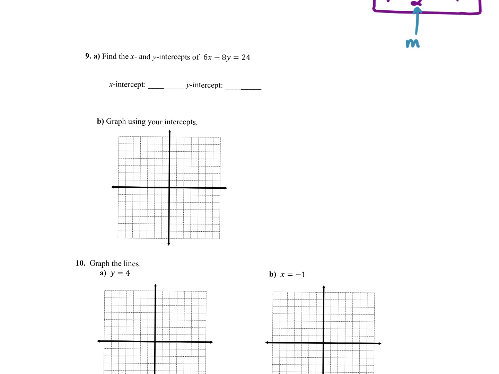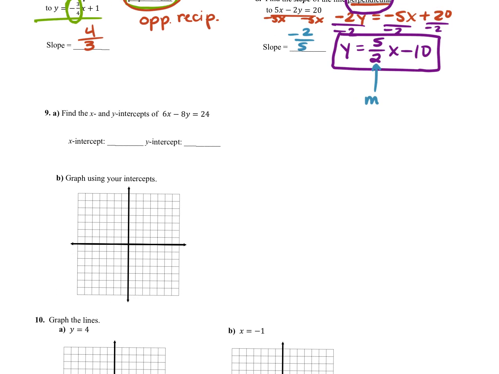Okay, number 9, find the x and y intercepts. Do you remember cover-up method? Yeah, 0. You're going to set it up so that you're plugging in a 0 for x or you're plugging in a 0 for y to find your intercepts. So if I ignore this one right now, my equation is 6x equals 24. Right? That's cover-up method. We're just ignoring the other one because we're pretending we plugged in a 0 for y.